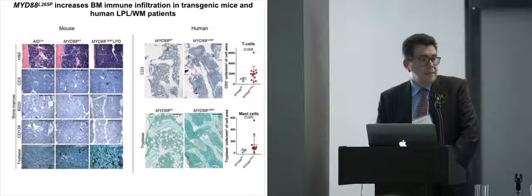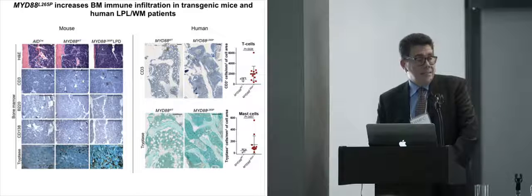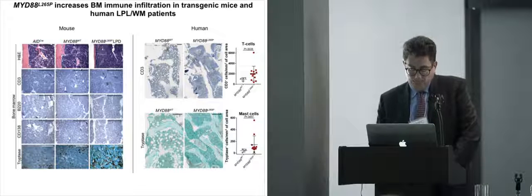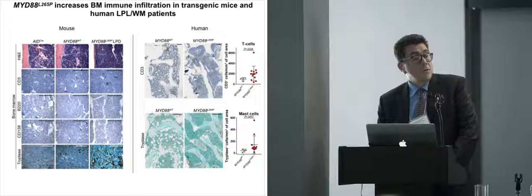We see an increase in T cells in the bone marrow of our mutant mice, but not in the wild type. And I looked at TMA, a lot of samples from patients, and I could see again that T cells are also increased in patients with Waldenstrom, similar to our animal.